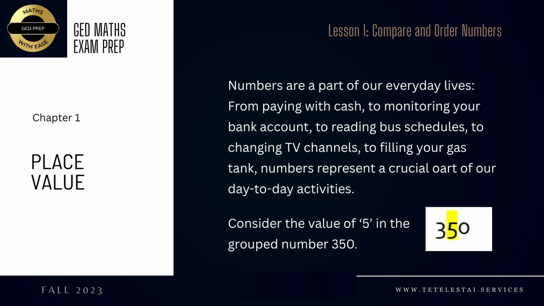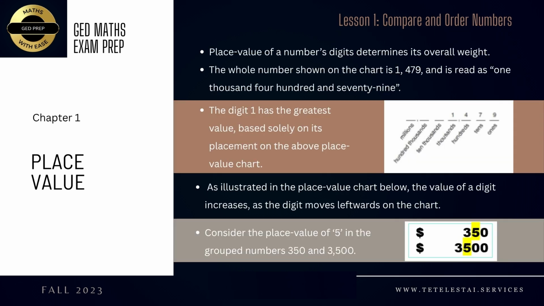So still on the concept of place value, as I just mentioned, the value of a grouped number depends on the place values of the digits in the grouped number. So let's revisit the grouped number 350, but this time in terms of money so that you can have a better idea of what I'm trying to say.